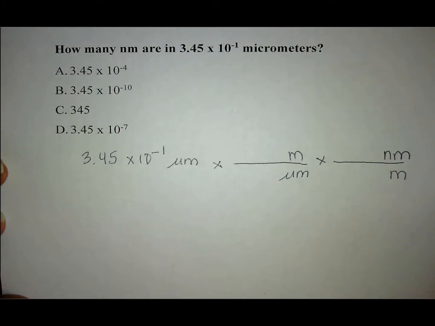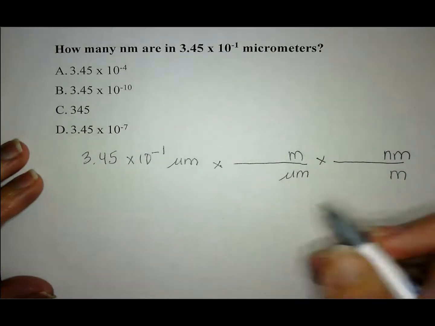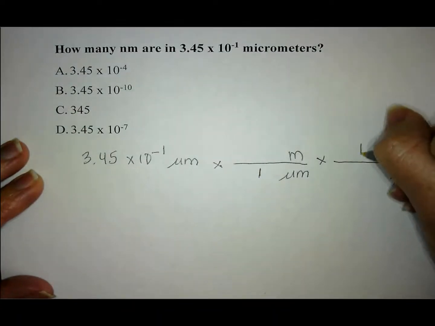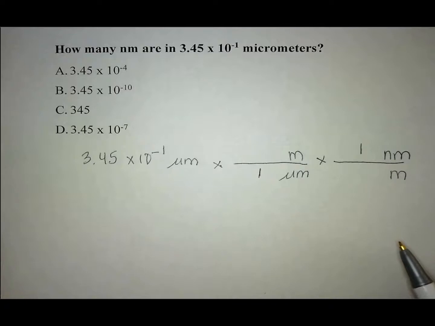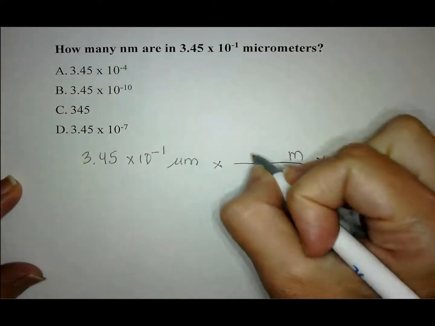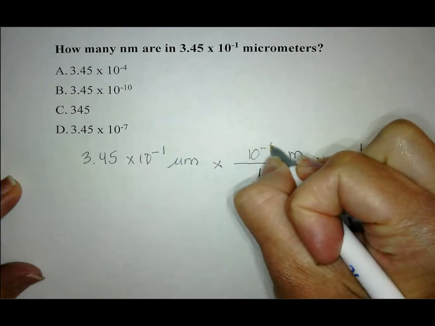Once I've set up my units, I can add in my numbers. So I'm going to put in the relationships between my prefixed units and my base unit. So I always put a 1 next to my prefixed units and the power of 10 next to my base unit. The power of 10 that corresponds to micro is 10 to the minus 6.